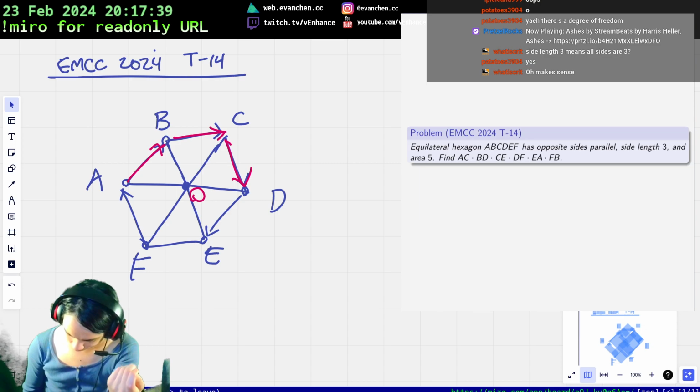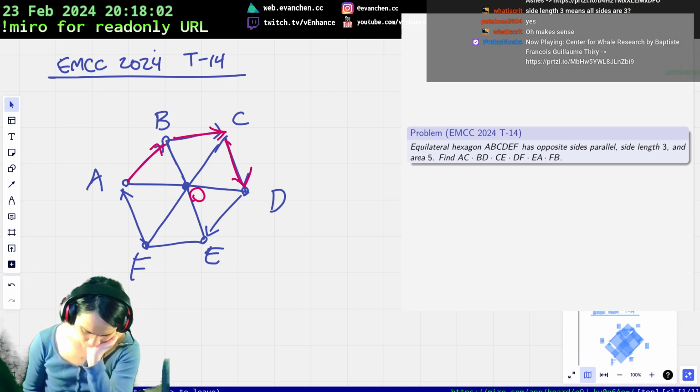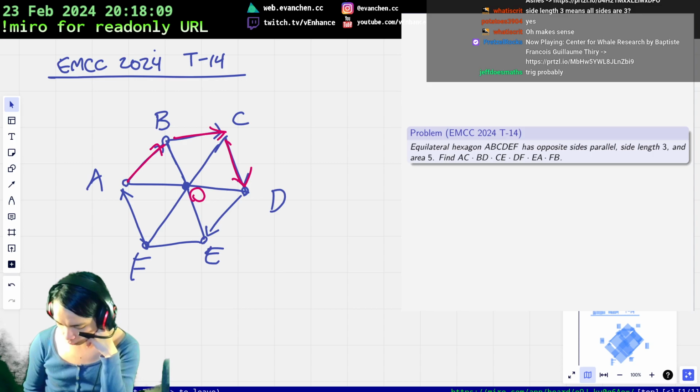Yeah, so I guess I need to understand how the area condition is being interpreted. So how do I get the area of the whole hexagon?